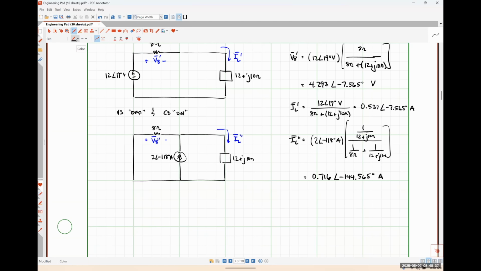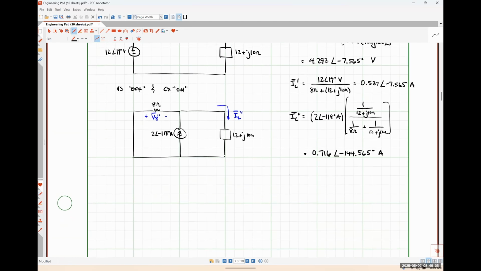So we could combine the two impedances in parallel and use Ohm's law. Or we could recognize that since we know the current through the 12 plus j10 ohm impedance, and it is in parallel with the 8 ohm impedance, they're going to have the same voltage drop. Either way should work, but our current is flowing into the negative polarity terminal either way.